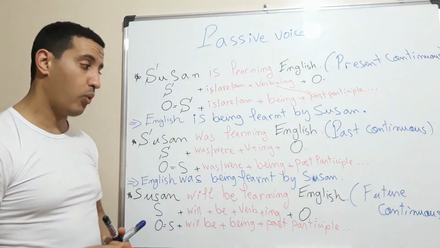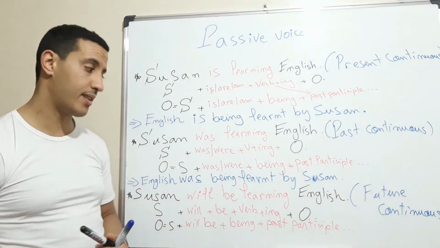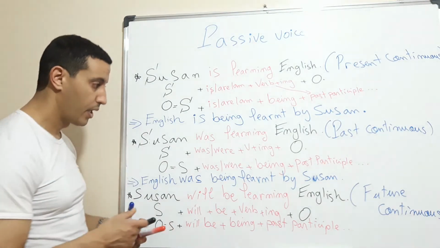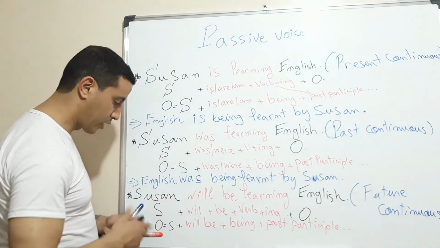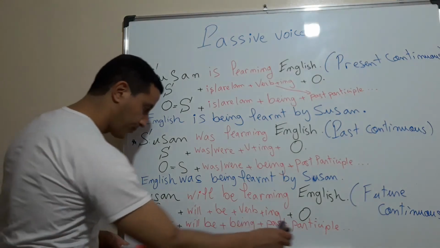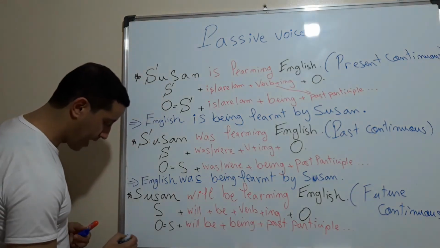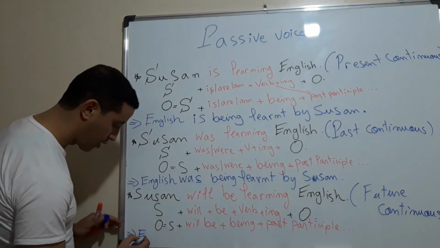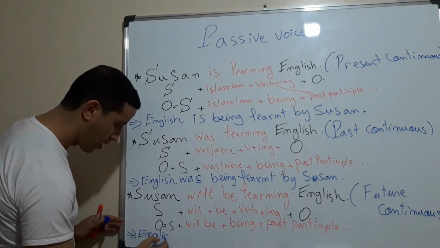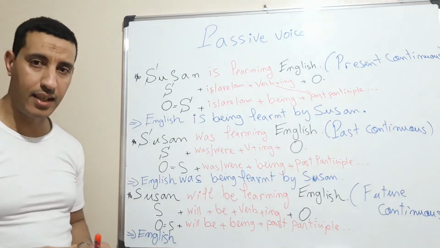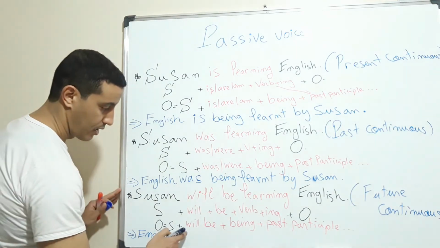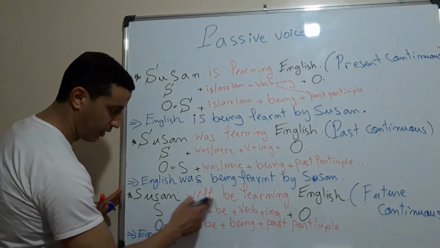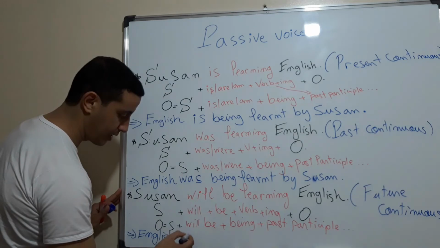So here, if I want to change a sentence into the passive, it's very, very simple. I start with the word English. I say English. English what? Well, here we have will be. So I put will be as it is.